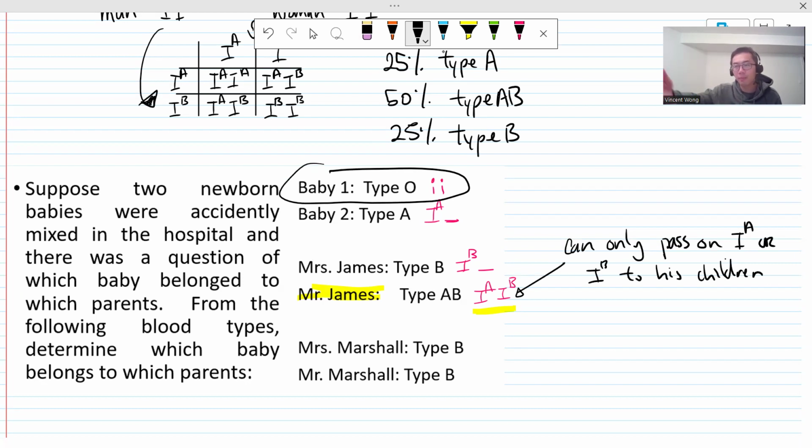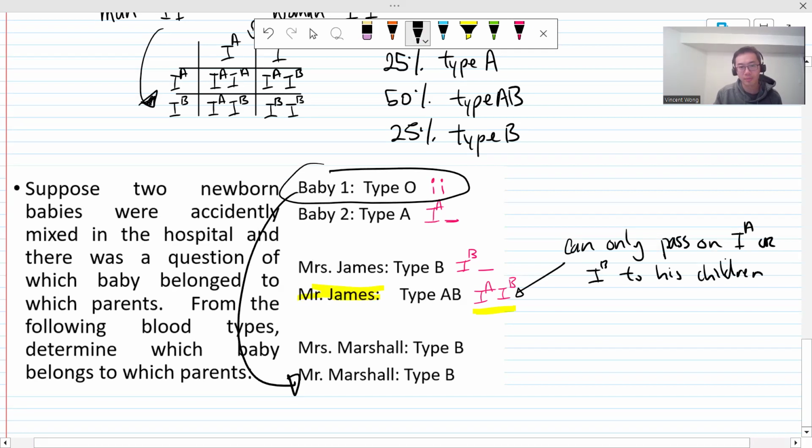In order to make a type O baby, each parent needs to contribute a little i. Mr. James does not have a little i to pass on, so he cannot have a type O baby. For that reason, the type O baby belongs to the Marshalls. And then baby number 2 belongs to the Jameses.